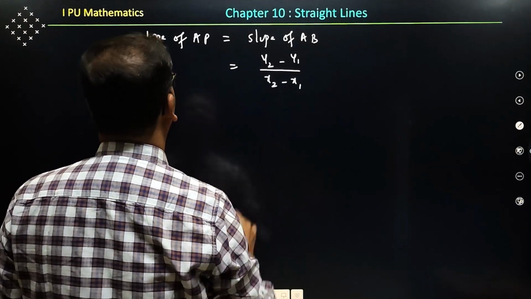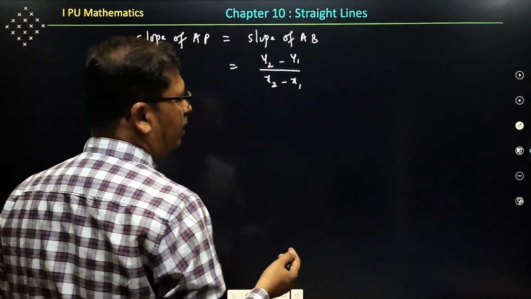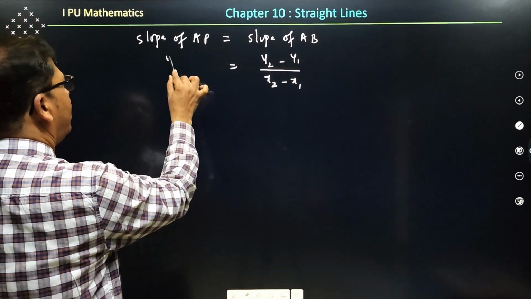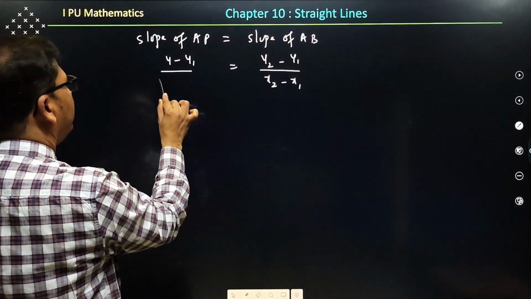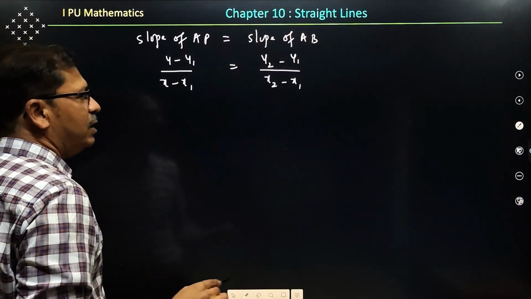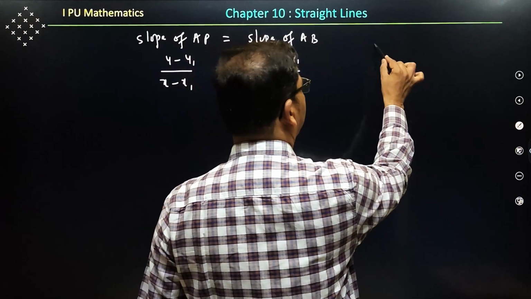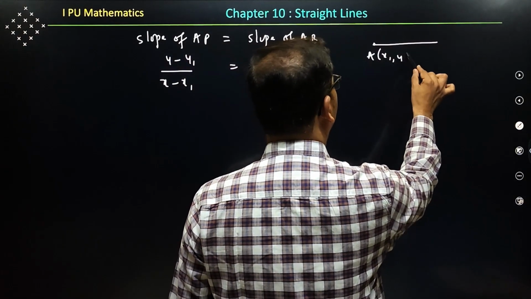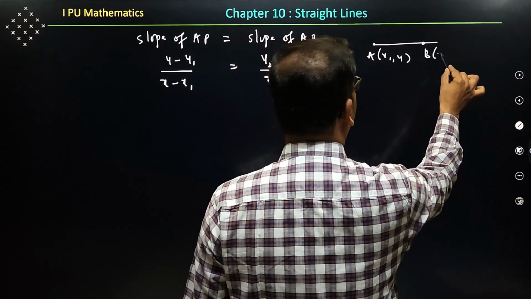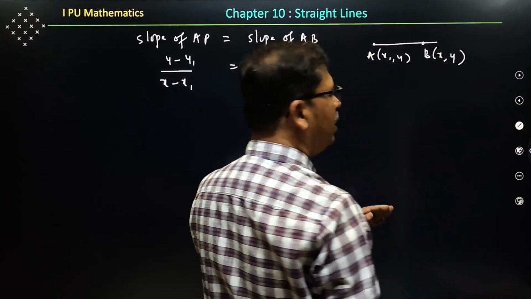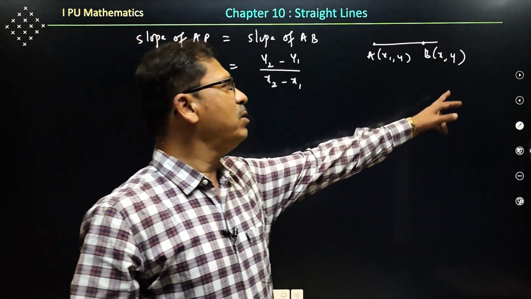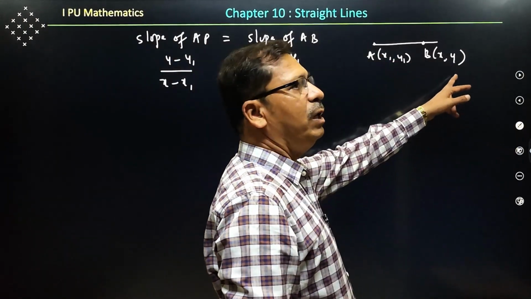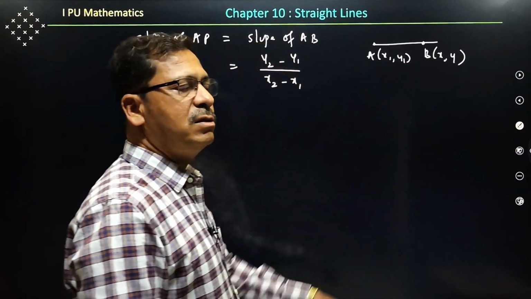And for the slope of AP, A is x1, y1, P is x, y. So this is y minus y1 divided by x minus x1, where in place of y2, y is there.